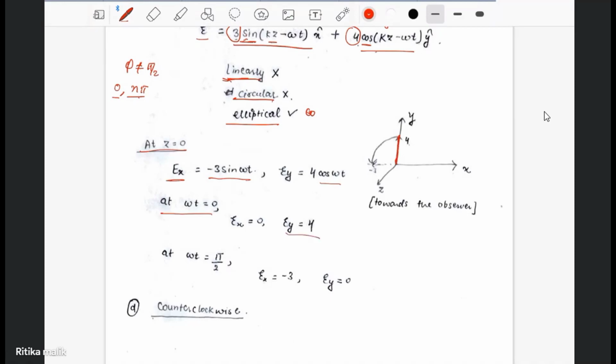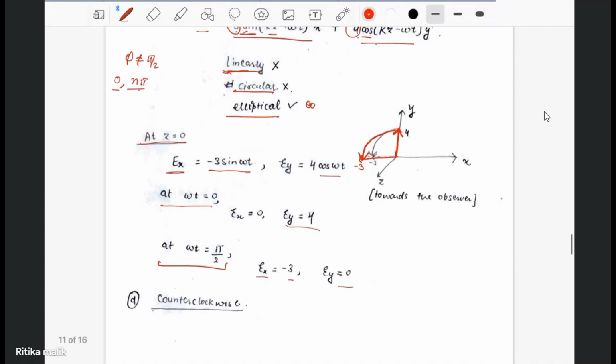So at omega t equals 0, the Ey component survives. As time increases, omega t becomes pi by 2, Ex will become minus 3 and Ey will become 0. That is, it is moving in this direction, towards minus 3 with time. So with time, it is moving in this direction. If you look at this direction, this is counterclockwise direction.